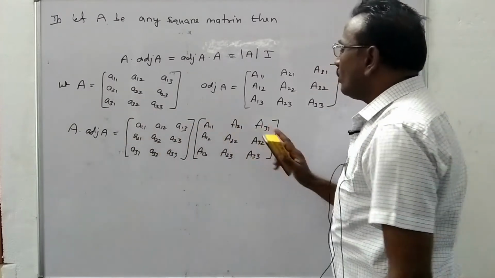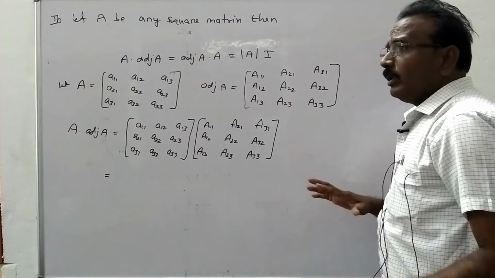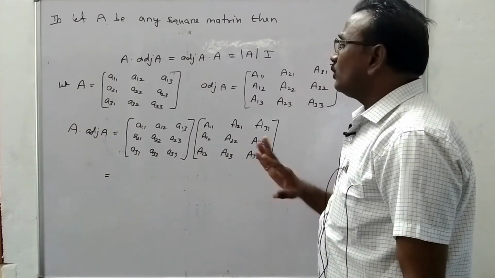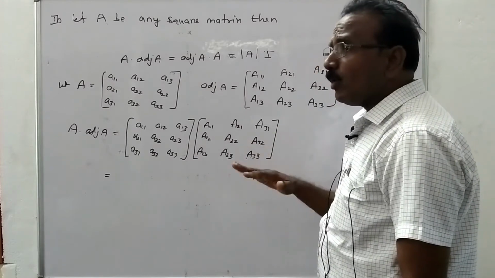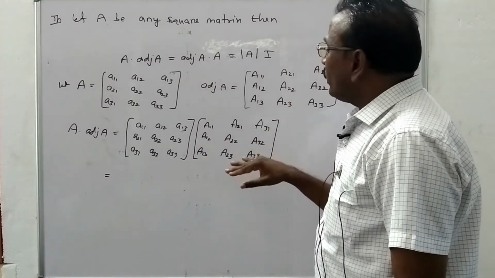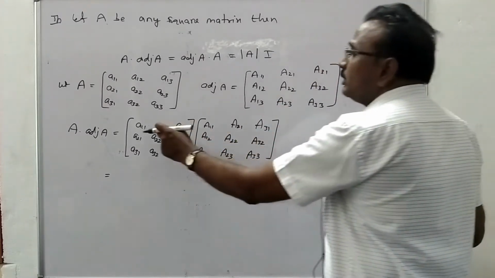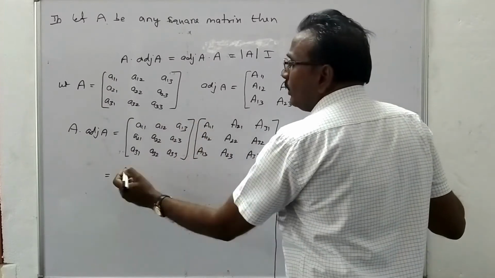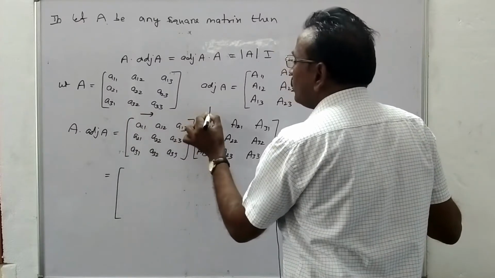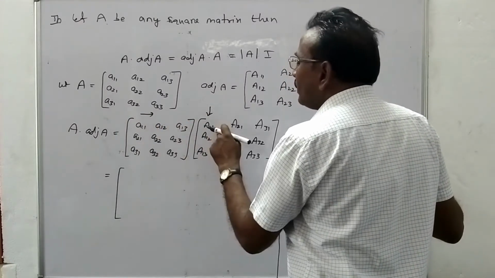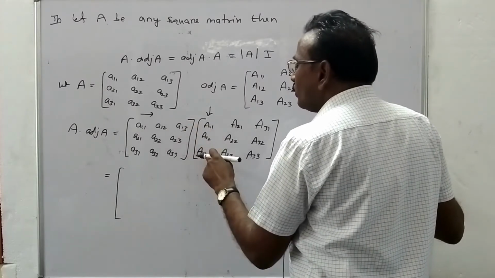So A into adjoint of matrix A. In minors and cofactors, we have one property: the sum of the product of elements of any row or column with the corresponding cofactors is always the determinant of A. That is, here A11 into capital A11 plus A12 into capital A12 plus A13 into capital A13.